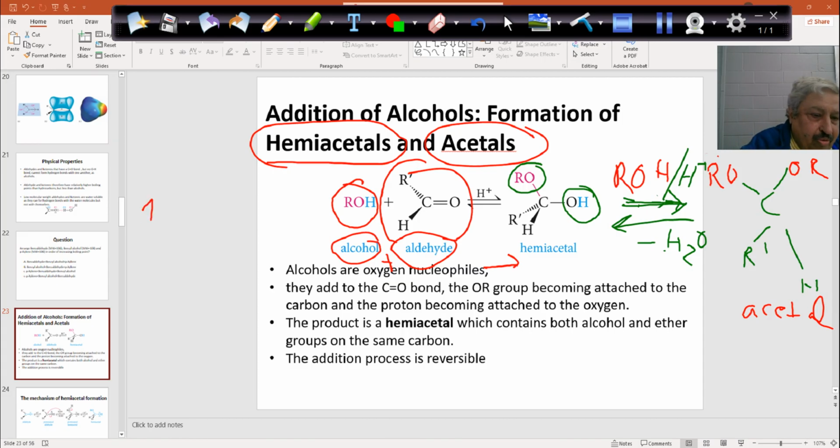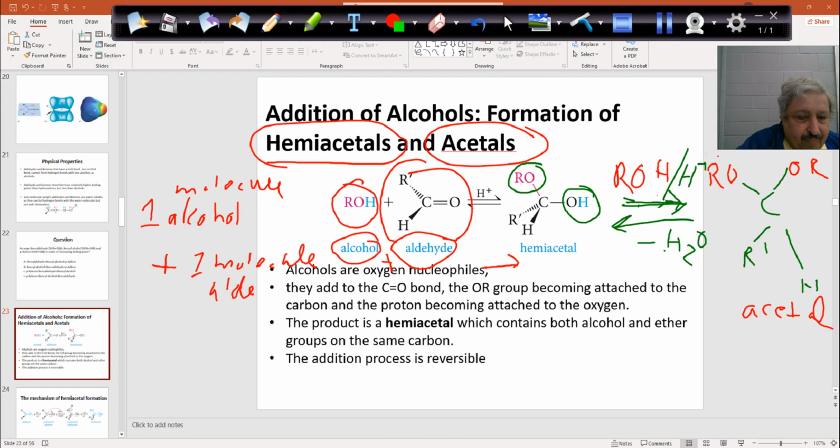One molecule of alcohol plus one molecule of aldehyde will yield something called hemi. Hemi means half. Hemiacetal.